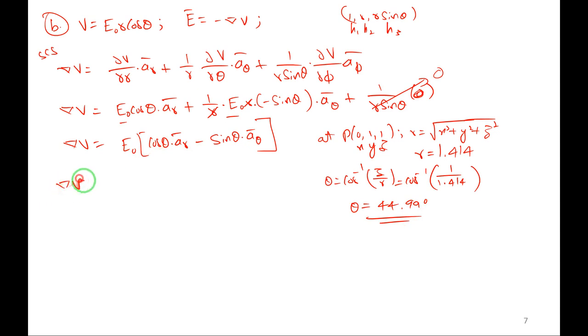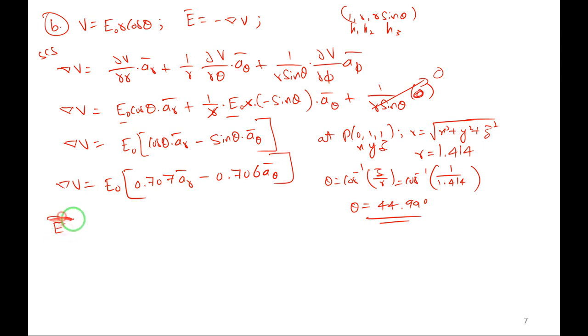So del V is equal to E naught into cos of 44.99, so I am getting 0.707 AR, minus sine of 44.99, so it is 0.7068 A theta. But what is E? E is equal to minus del V. So minus of this, right?